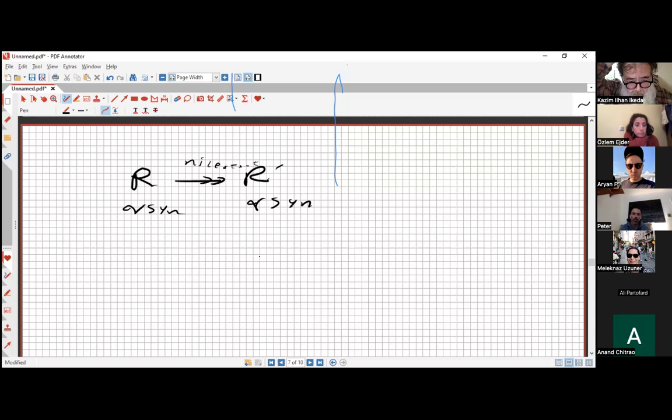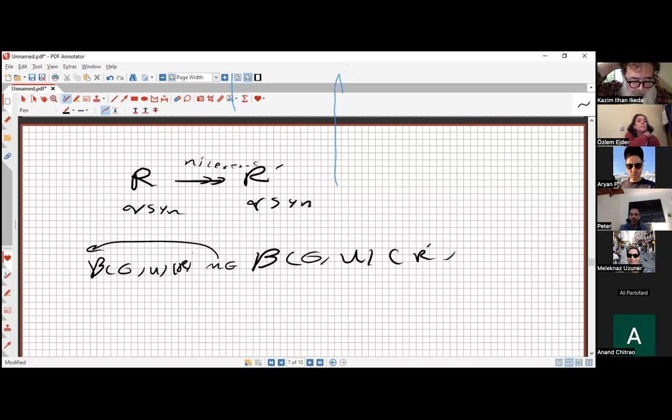For now, assume that both of these are quasi-syntomic. We want to understand the meaning of lifting a point in G_mu of R to G_mu of R prime. We want to understand the lift. Is there any lift for X?